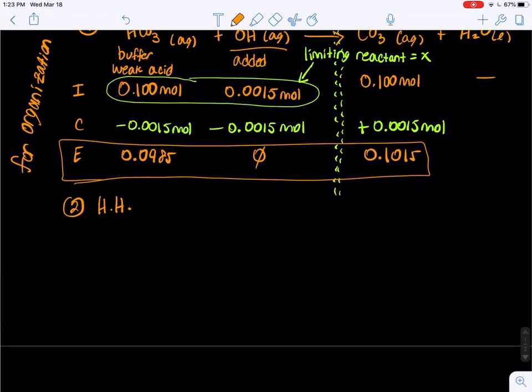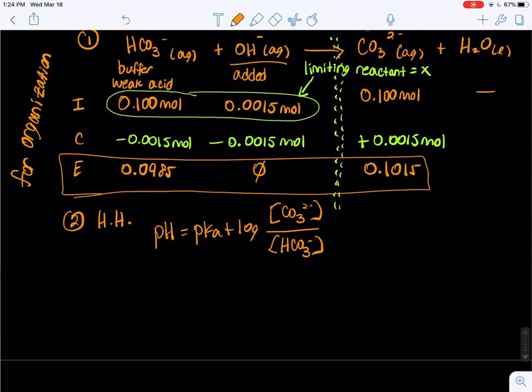Okay, so the pH is going to be equal to pKa plus log of the base concentration over acid. Okay, and remember, the acid is the one with more H's, so that's on the bottom. The one with less H's is on top. The base is on top. And we just grab those values and we plug them in here.